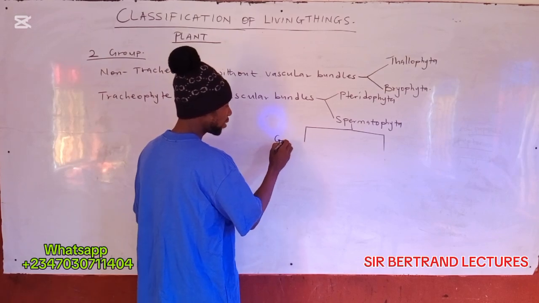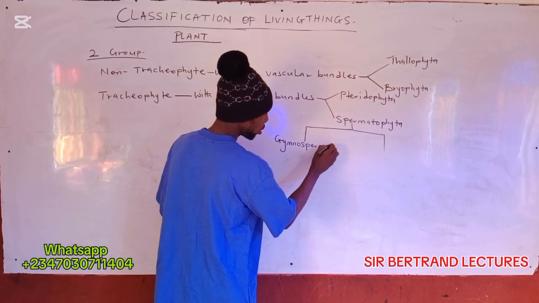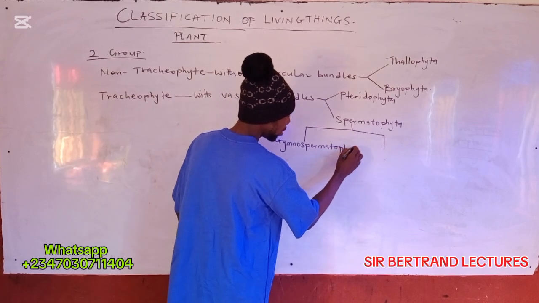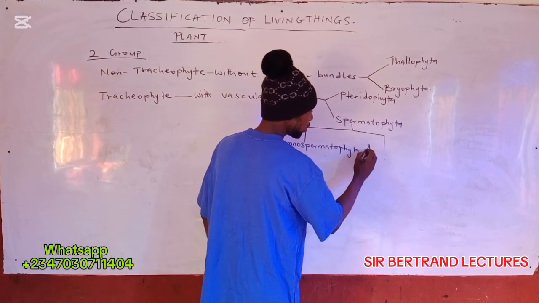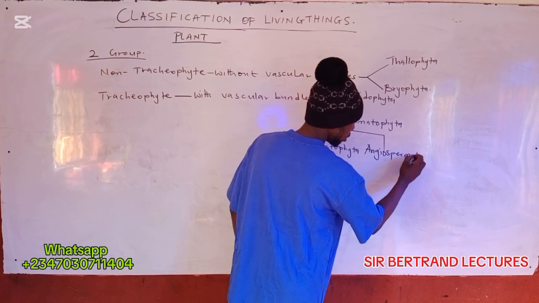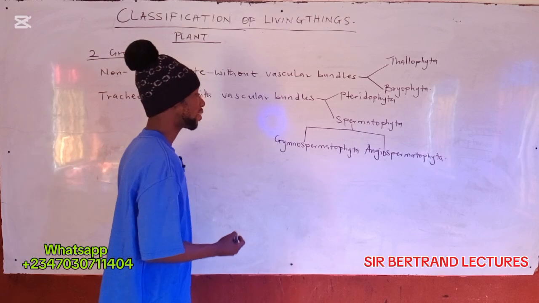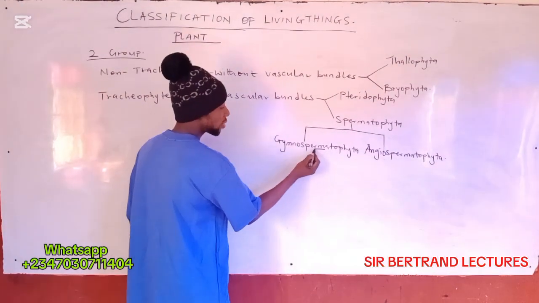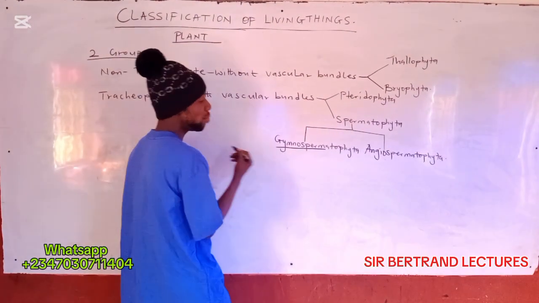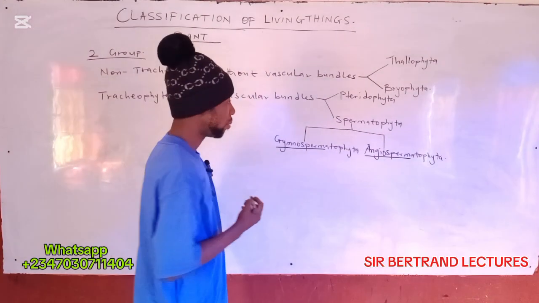The Spermatophyta are categorized into two. We have them as Gymnospermatophyta and Angiospermatophyta, which are simply known as gymnosperm and angiosperm.